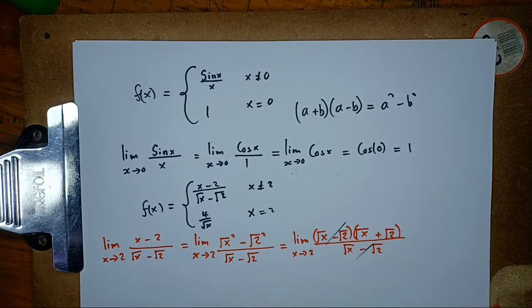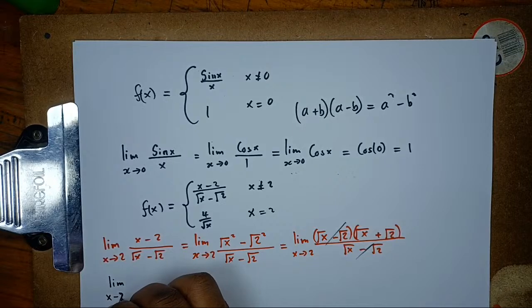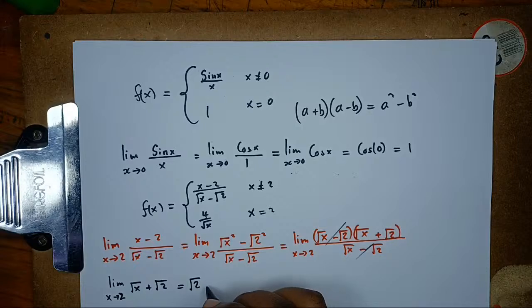So now let's bring it here. What we have now is the limit as x approaches 2 of the function root x plus root 2. Let's apply the limit. Where there's x, let's replace it with a 2. What we get is root 2 plus root 2.